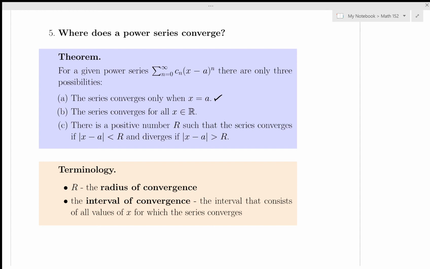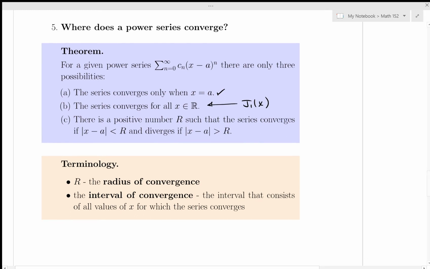We just saw an example of that, the Bessel function of order 0, which converged for all x in R. The other possibility is that there's some number R such that the series converges when the absolute value of x minus a is less than R and diverges when it is greater than R. Notice this says nothing about what happens when x minus a equals R. This was our first example in this lecture.